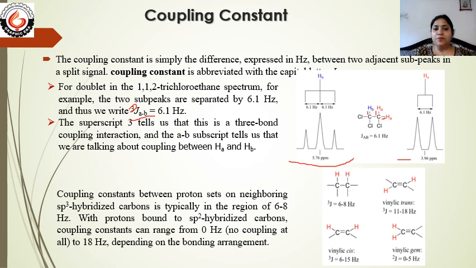So this is a 3-bond coupling between A and B, that means A type of hydrogen and B type of hydrogen. So by writing superscript and subscript along with J, we can show between which types of hydrogens the coupling is and across how many bonds. So this is the coupling constant.